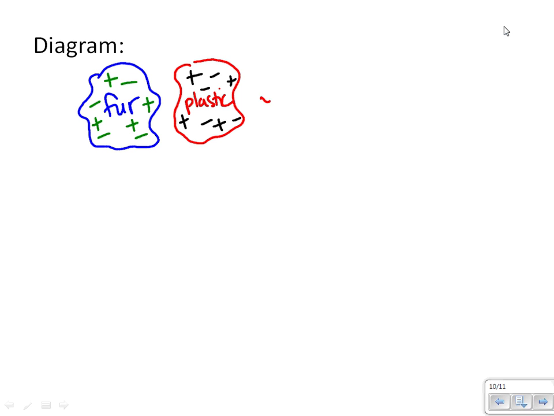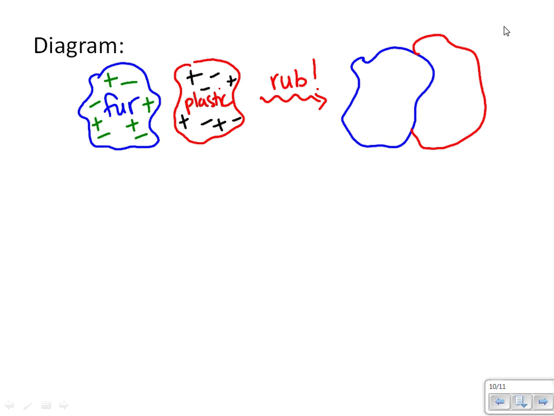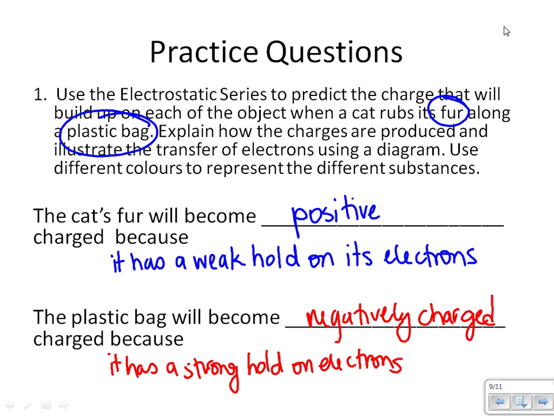After we rub them together and create that friction, what's going to happen? Here's the fur in blue, and we're going to have the plastic in red. So now they're touching and they're being rubbed together. What's going to happen? Well, if you look at the last slide, we already said that the cat's fur has a weak hold on its electrons.